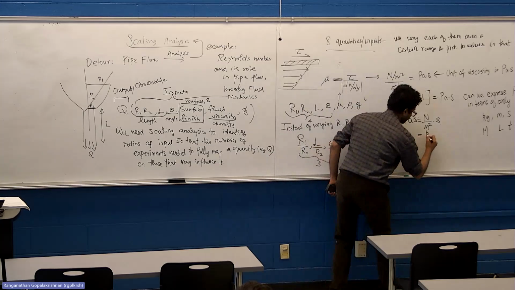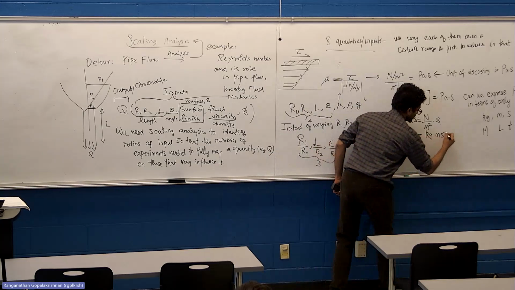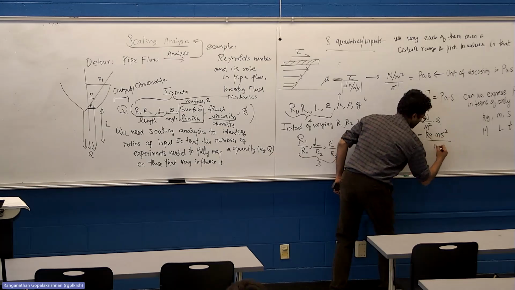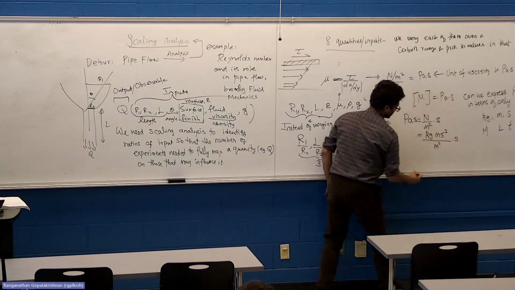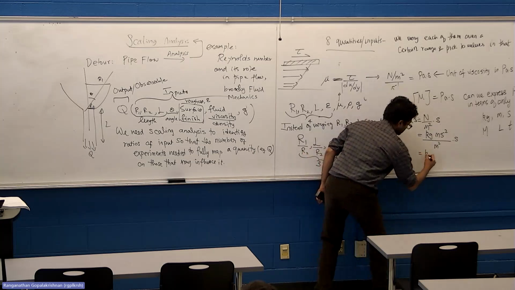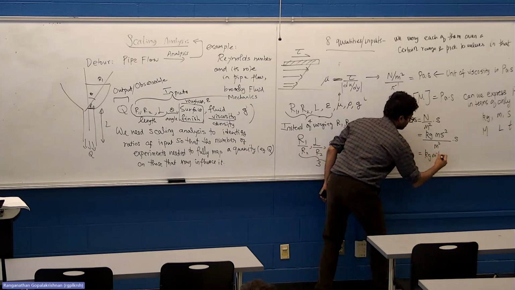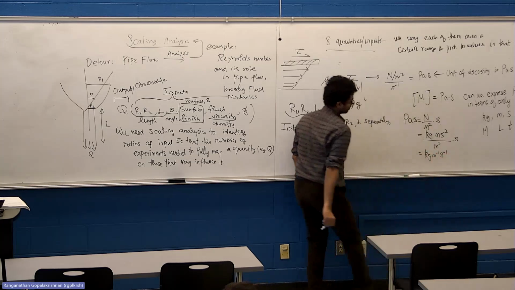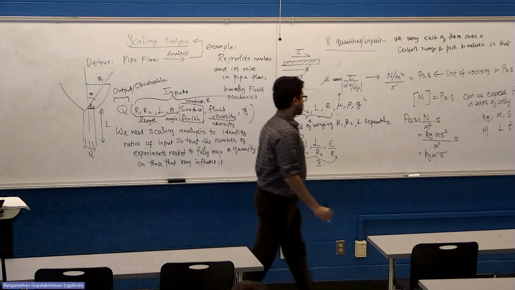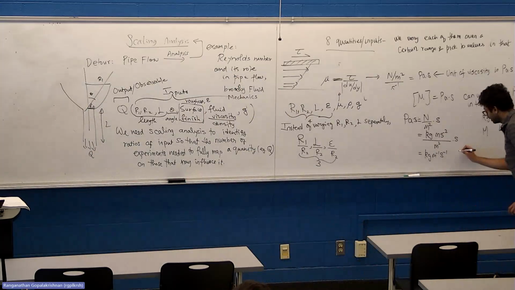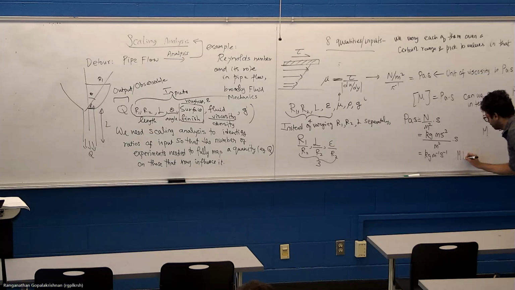So kilogram meter per second squared divided by meter squared multiplied by second, which gets me kilogram per meter per second. Or the dimensions of viscosity are mass per length per time.